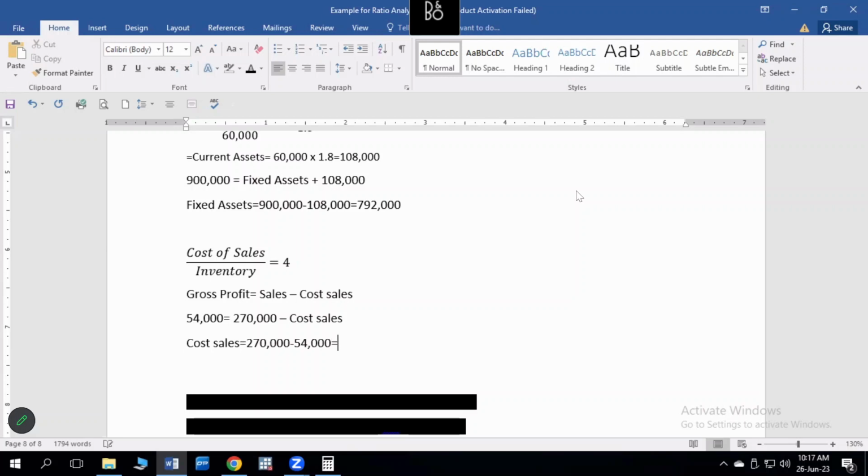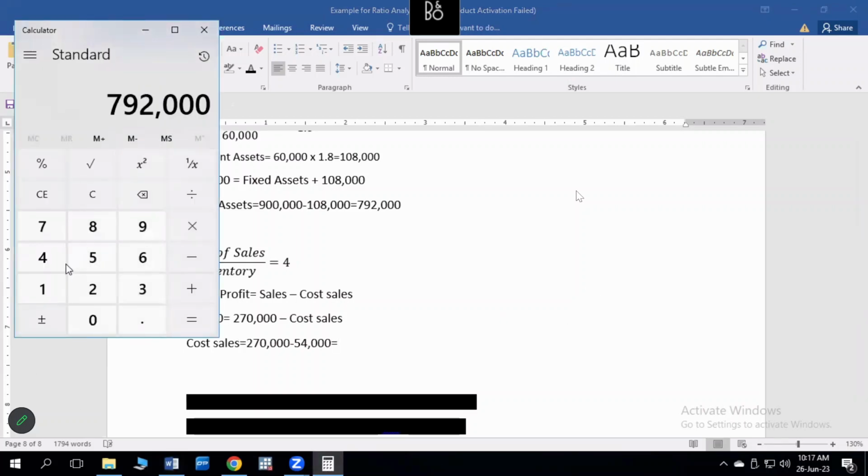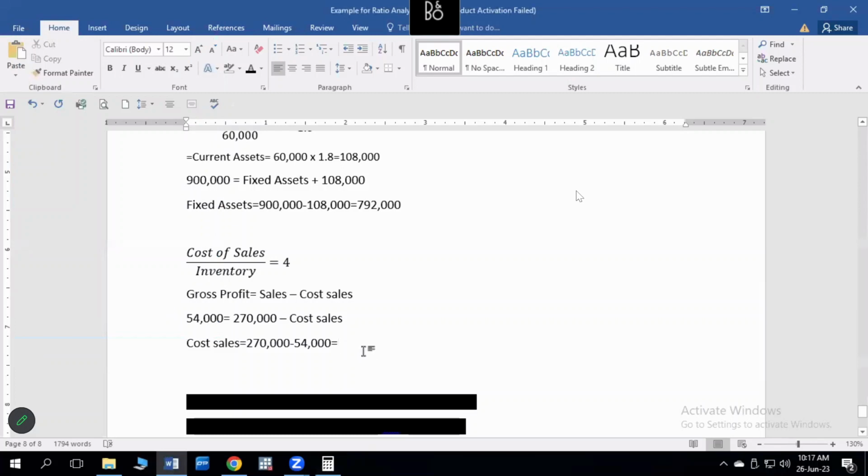So how much? 2 lakhs and 70,000 minus 54,000, 2 lakhs and 16,000 you can get.